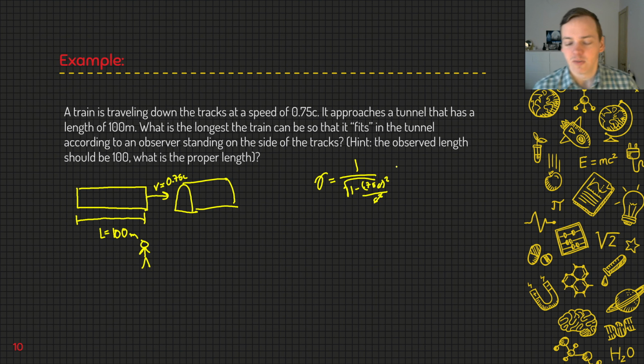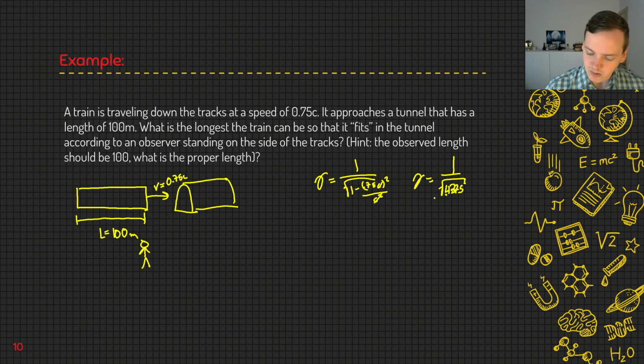So that will give us gamma is equal to 1 over the square root of 0.4375. And we take the square root of that, excuse me. We'll get a gamma of 0.661.